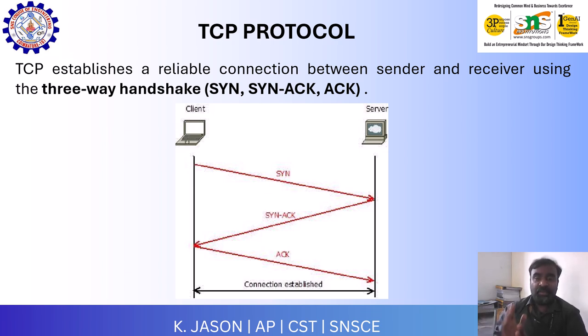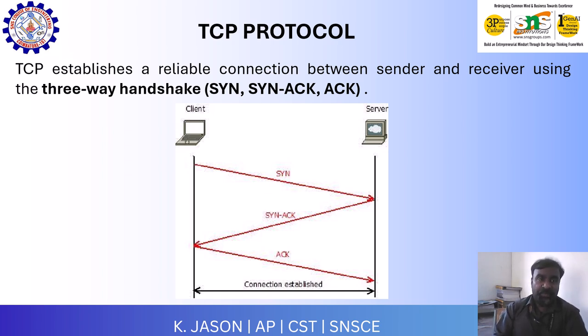First of all, you have to make a connection. The connection is made with one message, then an acknowledgement, then the connection is established. So this is the three-way handshake diagram, and based on this diagram the data communication takes place between the devices.